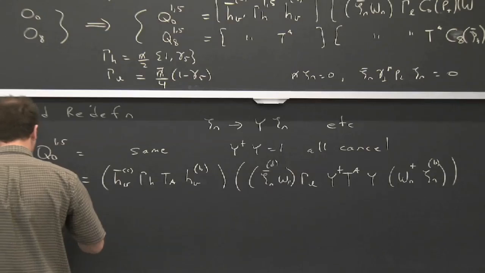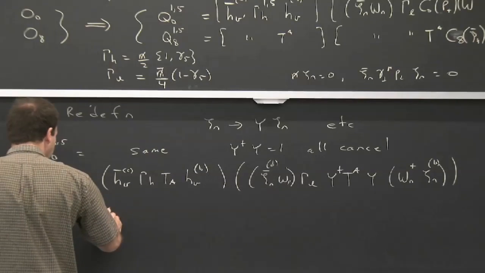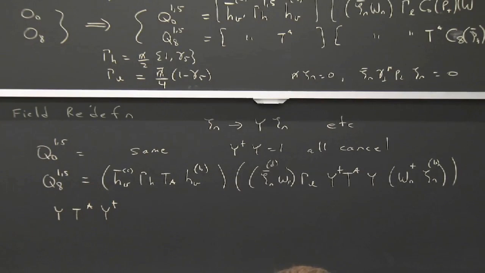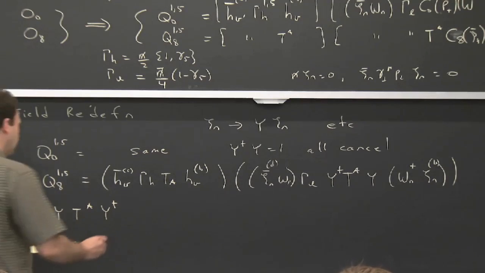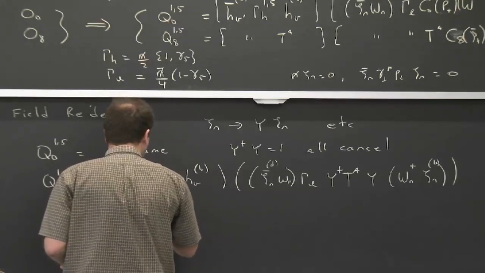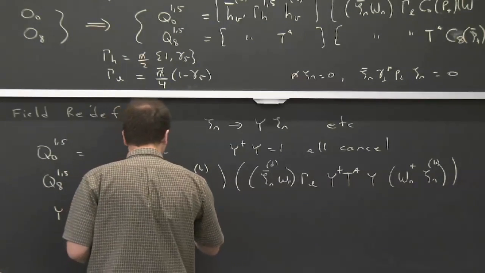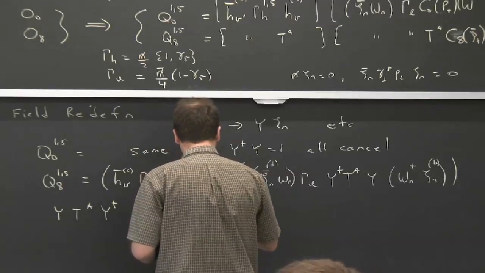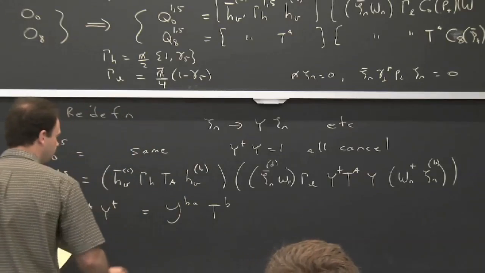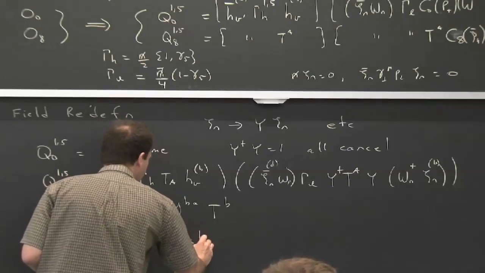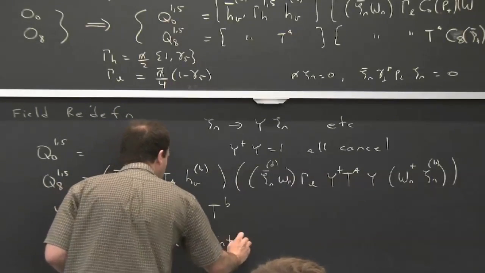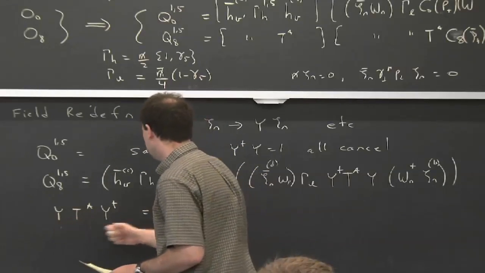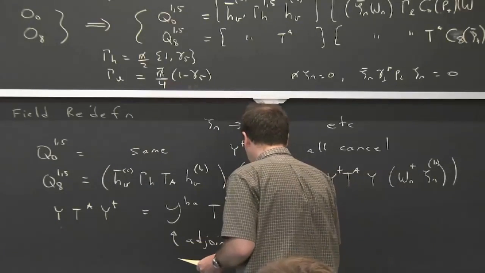This is a formula that I could have told you earlier. If you have a y that y's around a TA, that's just actually the adjoint Wilson line. So this is a formula that relates fundamental Wilson lines and an adjoint Wilson line.